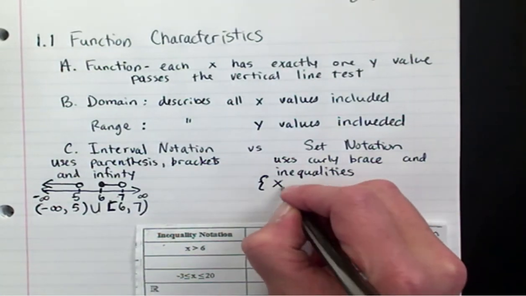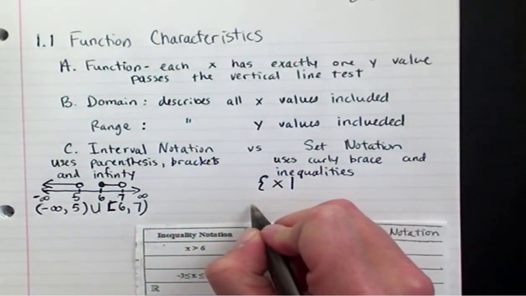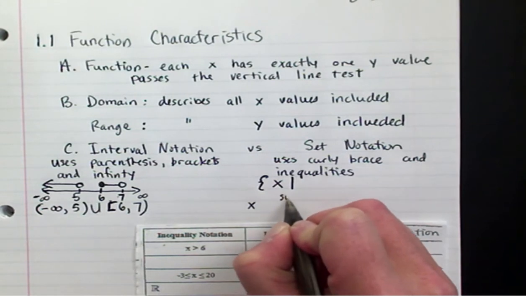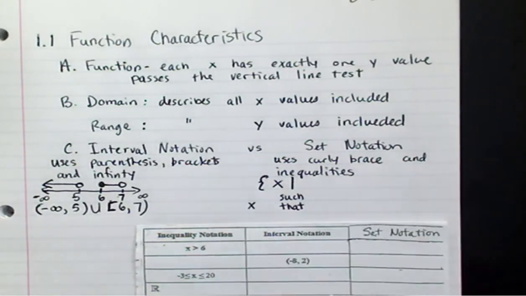And then we're going to draw an X and a bar, straight up and down. This part translates as X, such that. The bar translates as such that. And then we write the inequality that describes it.